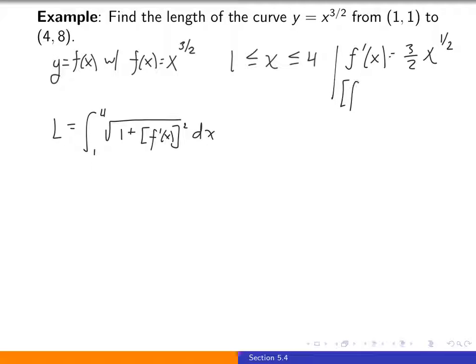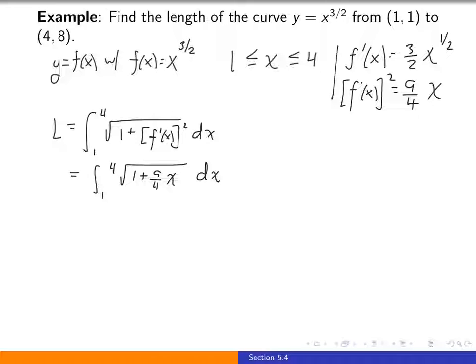So if we square f prime x, we get 3/2 squared, which is 9/4, and x to the 1/2, which is really square root x, squared, which is simply an x. So the length of this curve is a definite integral from 1 to 4 of the square root of 1 plus 9/4 x dx. And an integral of this form is familiar. It is something where we would want to use a substitution.